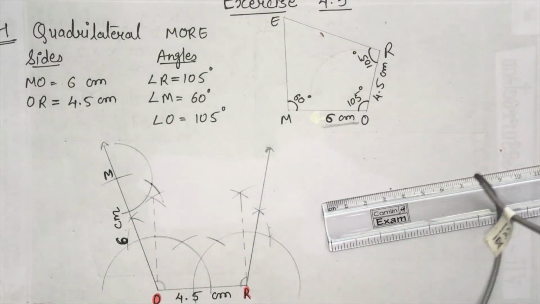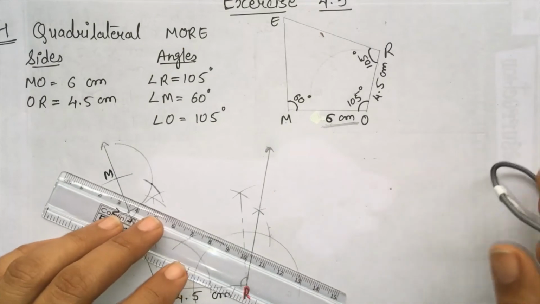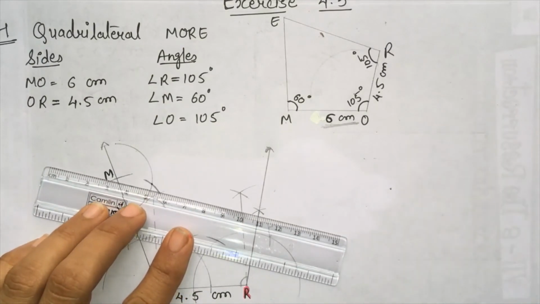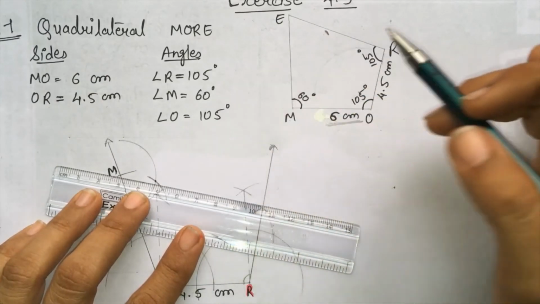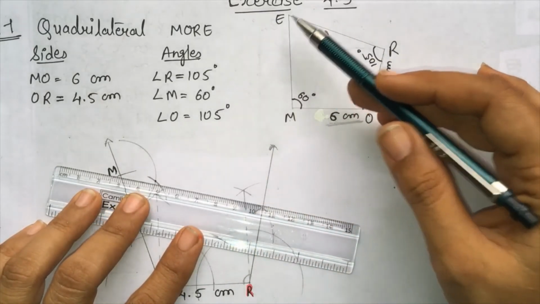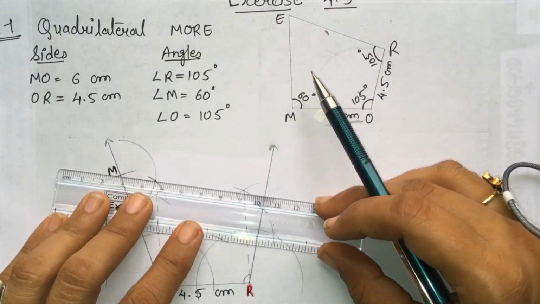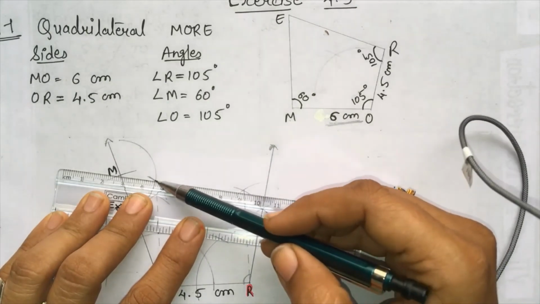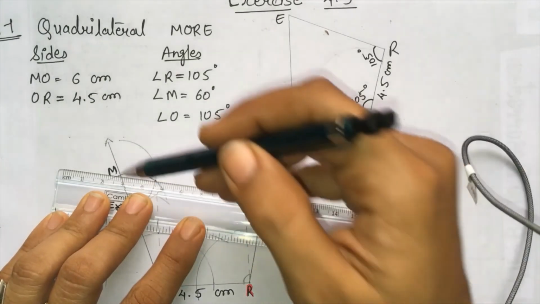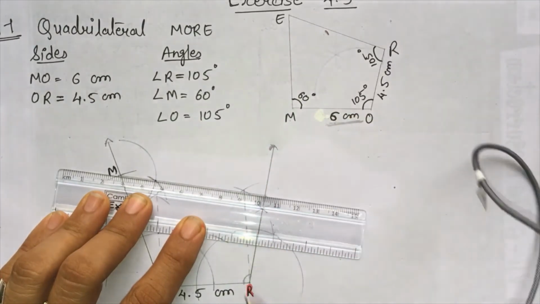Okay, and now draw a line segment ME in such a way that it will pass through this point of intersection. So from M we will draw a line segment.